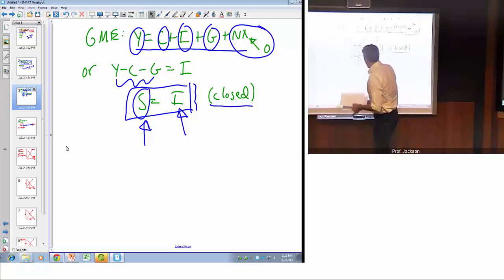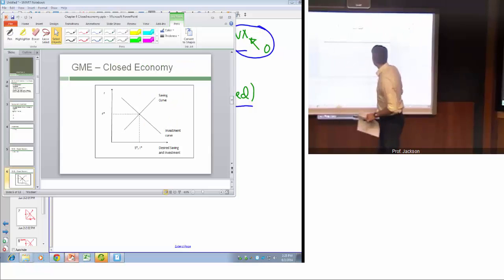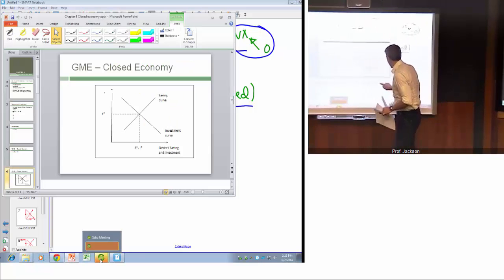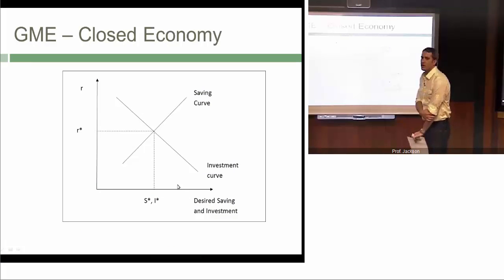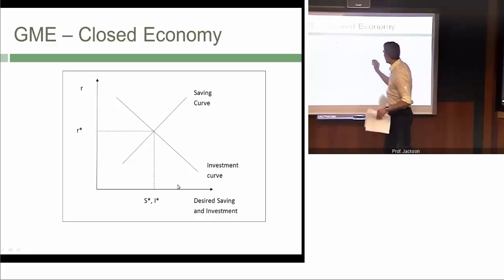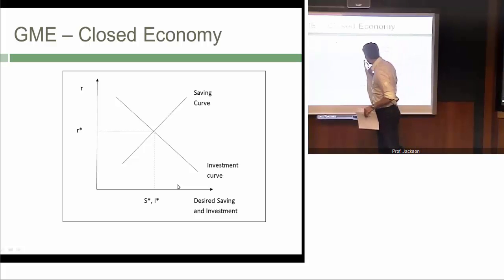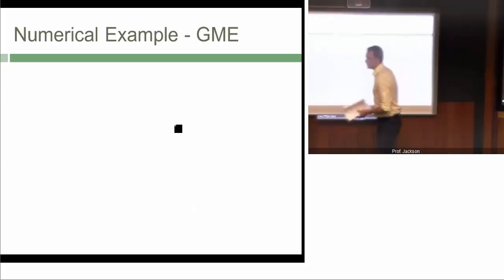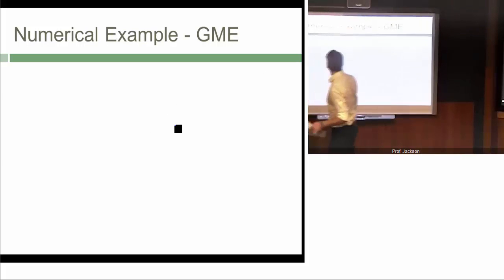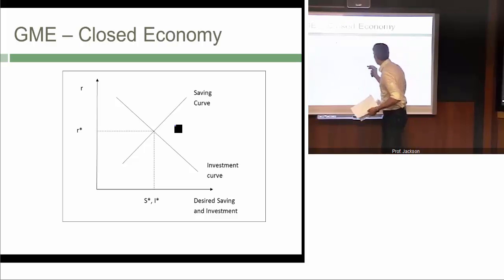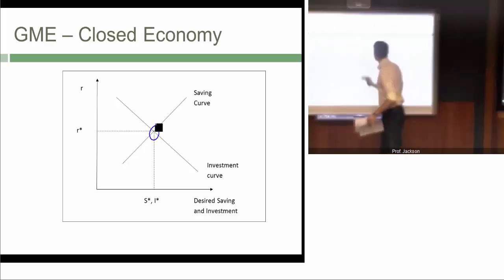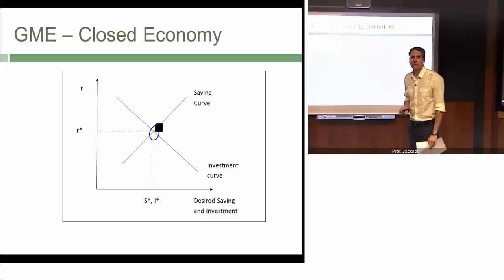Okay, so as I said, when we put these pieces together, our goods market equilibrium is where saving intersects investment, right? So at this point right here, where savings intersects investment, that's our goods market equilibrium.